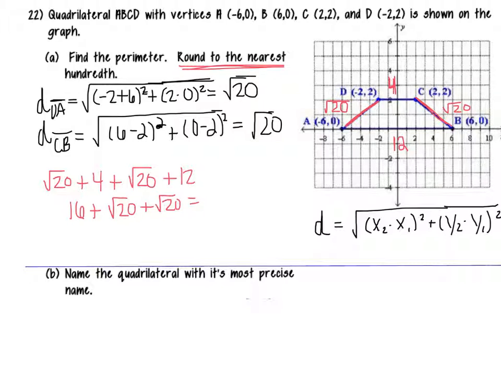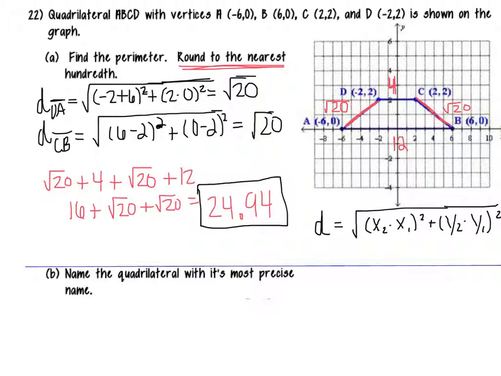Because it's telling me to round, that means it wants a decimal approximation and not an exact answer. All right, and for my answer, I got 24.94427191. But when it tells me to round to the nearest hundredth, I know that it's wanting 2 decimal places. So my answer is going to be 24.94. It didn't give me any units, so I don't have to worry about giving any units.